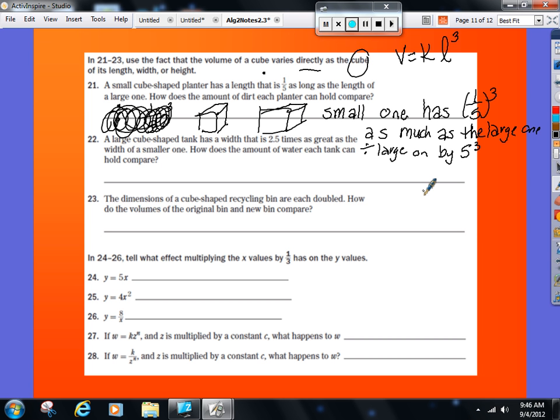Okay, a large cube-shaped tank has a width that is 2.5 times as great as the width of a smaller one. How does the amount of water? Again, here's the big one. Here's a small one. This is 2.5 times as great.